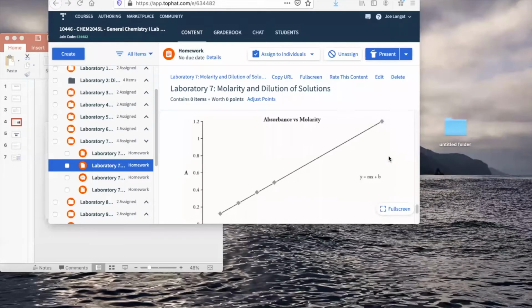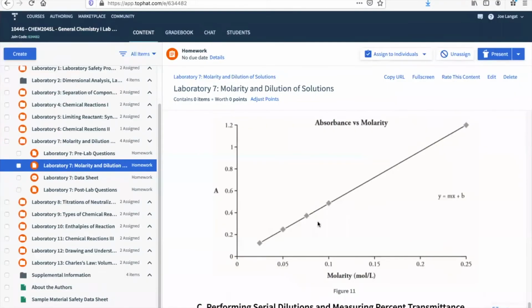Let me share my screen and show you the data you will grab. So this is what I'm talking about in part B. You will use the data in part B to generate a graph of absorbance versus the molarity of the solution.